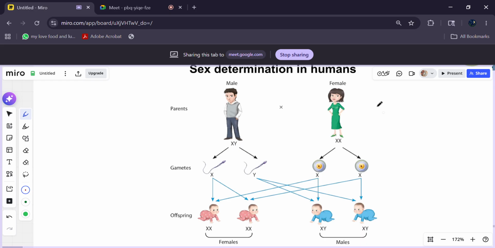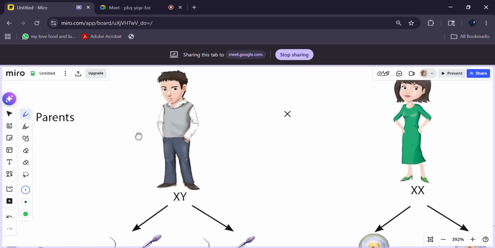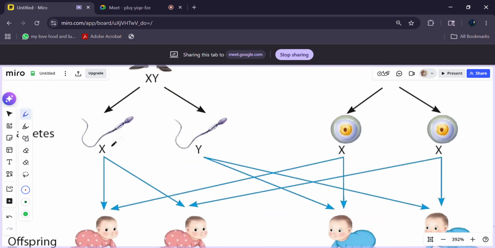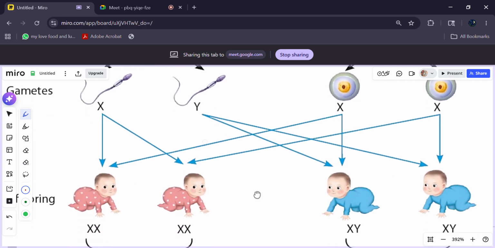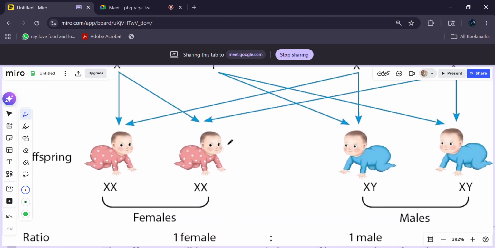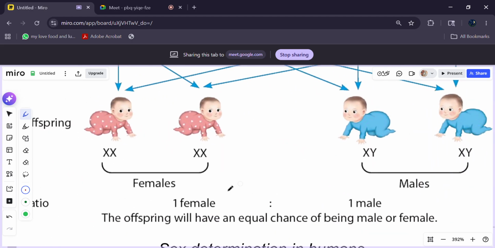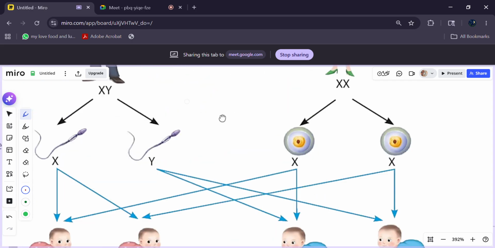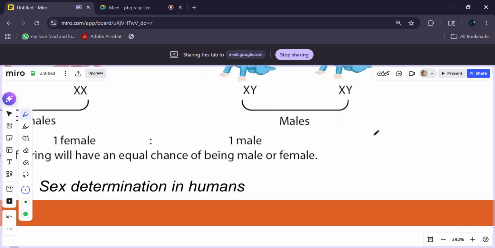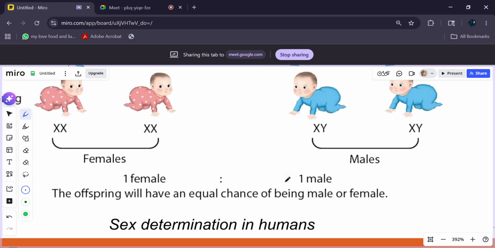The female chromosomes are homozygous, while the male is heterozygous, with one X and one Y. If the sperm is X and the egg is X, there is a 50% chance that the child will be female, and if the sperm is Y, there is an equal chance that it will be male. So the offspring will have an equal chance of being a male or a female.